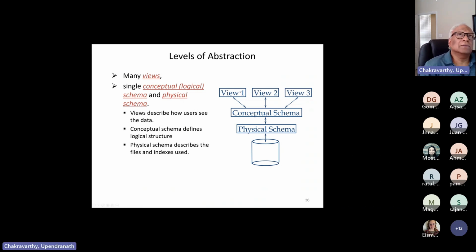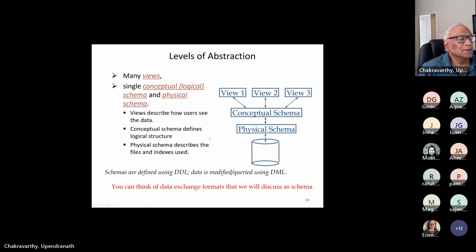The whole point of this is to make the user not worry about the details of storage and implementation, but worry about the problem at hand. So this is a very common thing. You can also think of data exchange formats that we'll see as one form of schema that can be used in a slightly different context.